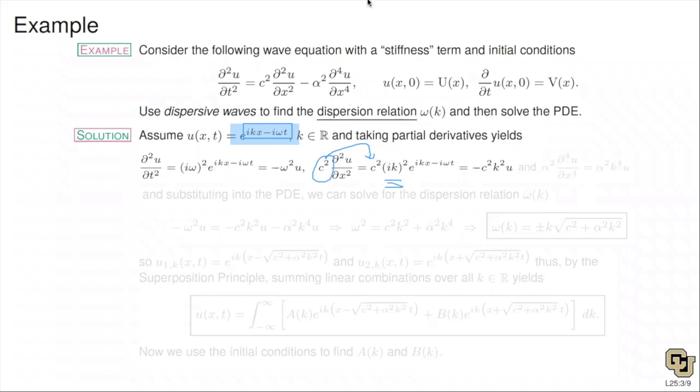There's the exponential term that we copy down after taking the derivative. But this dispersive wave is exactly what we're assuming is u. And here, ik squared is i squared times k squared, and i squared is a -1. And so that's where this -1 is coming from here. And I'll let you check that this final term, the stiffness term, will look like this.